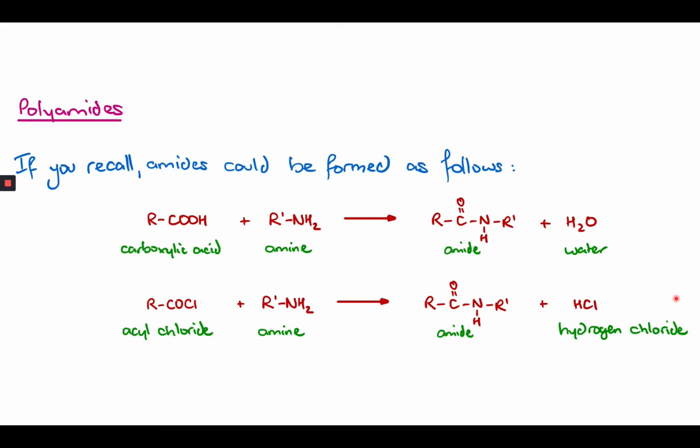The only other thing to mention here is bear in mind that you would be expected in this second reaction to be able to draw the mechanism, the nucleophilic addition elimination. So they would expect that with the acyl chloride approach. But again, these are two reactions you've done before when you did carboxylic acids and derivatives.